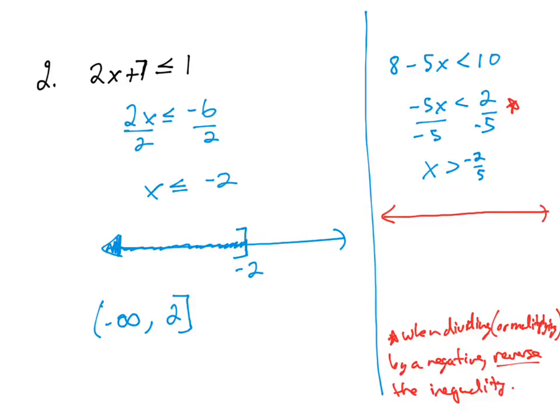So x is greater than negative 2/5. Greater than is going to be a parenthesis, and since we're greater, we're going to be shading to the right. Let's make that an arrow, and then the interval notation, negative 2/5 up to infinity, and that'll do it.